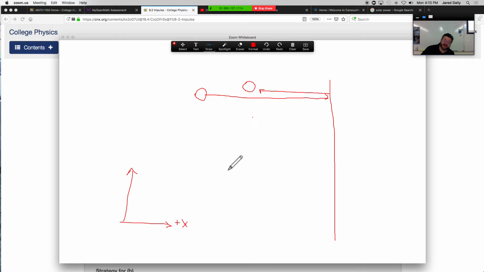The second one comes in here at 30 degrees to the perpendicular. You have to draw your perpendicular to get the picture right. So 30 degrees to the perpendicular, comes out 30 degrees to the perpendicular, like that.